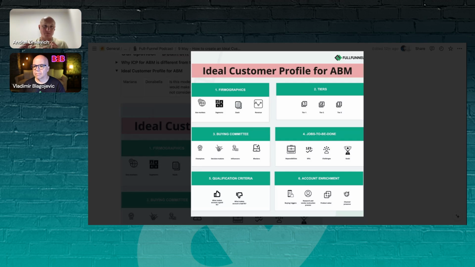This would be the basic data that later you can apply for account list building when selecting specific accounts for the ABM program, or account qualification, right? Whenever you see, for example, if you use technology like DealFront, you get intent data, right? And you want to qualify engaged accounts, you apply this.